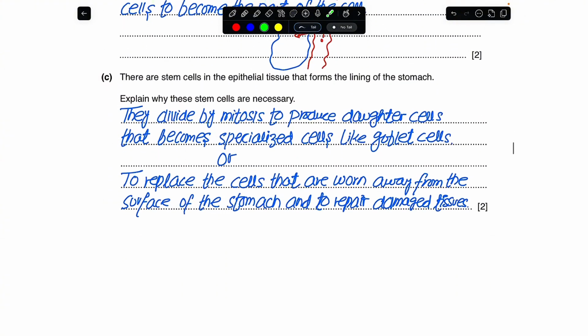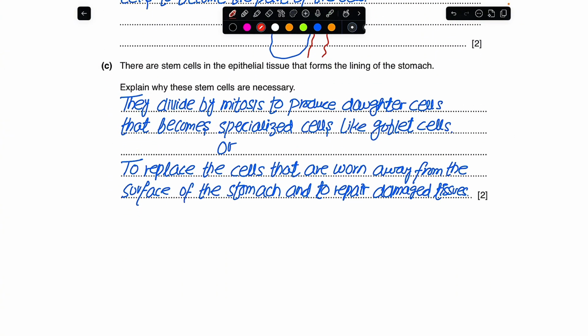If I come toward the C part, they say there are stem cells in the epithelial tissue that form the lining of the stomach. The lining of the stomach simply means the cells that we would have here. And they say that there are some stem cells here, and they ask why these stem cells are necessary. What you are required to know is that in my body, we have these unspecialized cells, and these unspecialized cells are the stem cells.